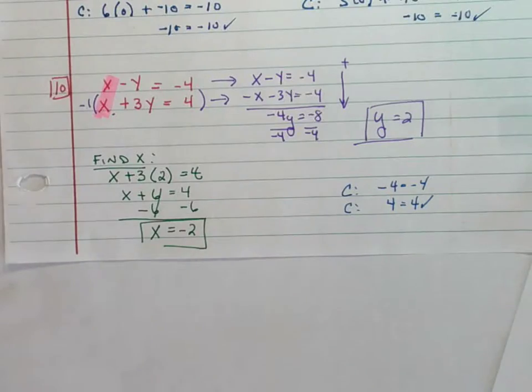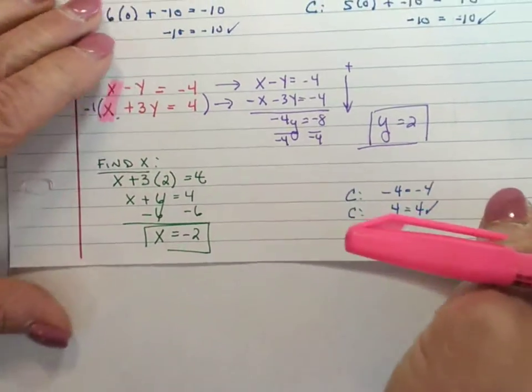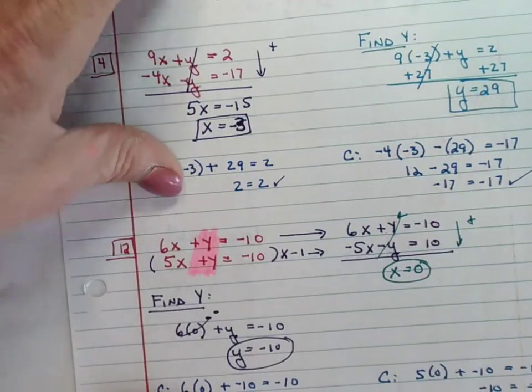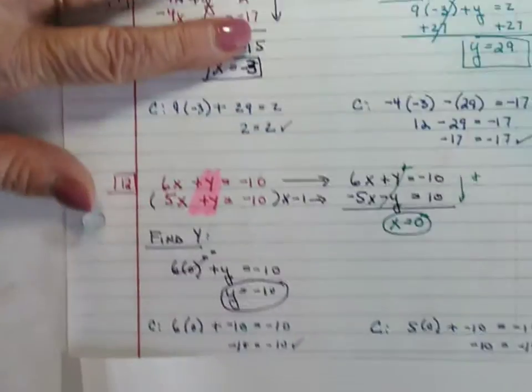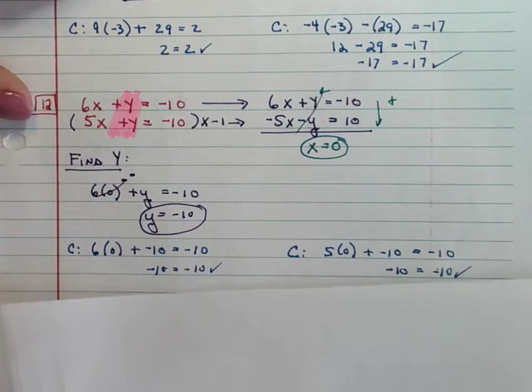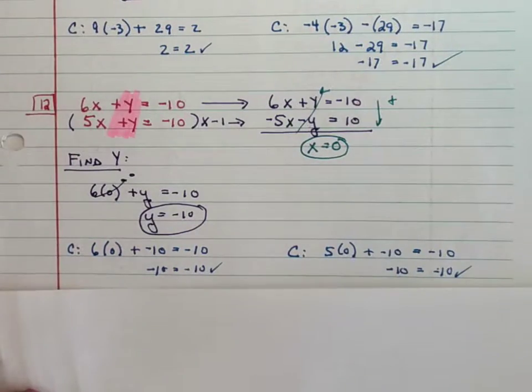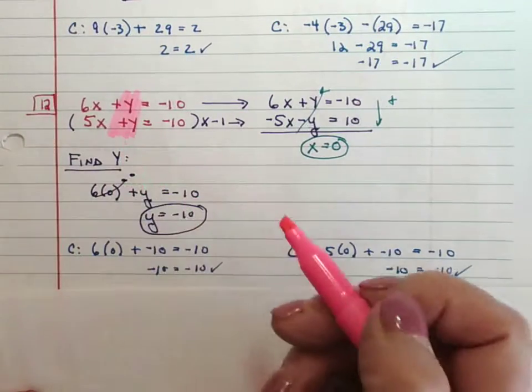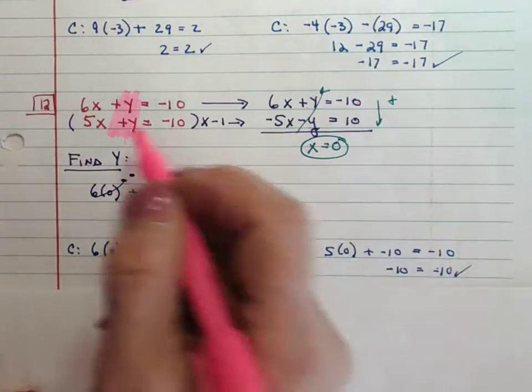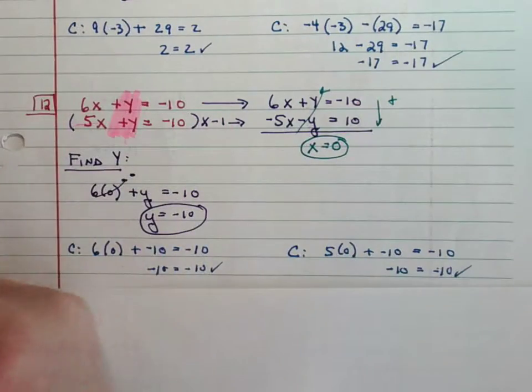Number 12, a lot of students get number 12 wrong. Again, we have y. They have the same coefficients, so we have to multiply one of the equations by -1.